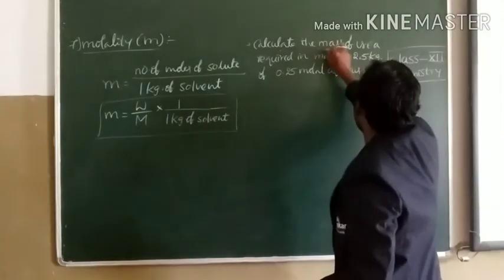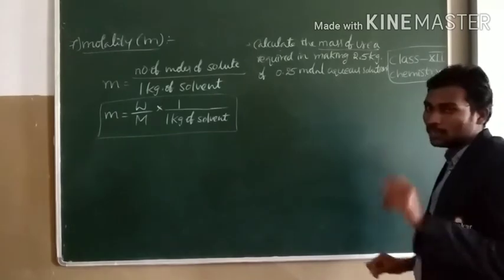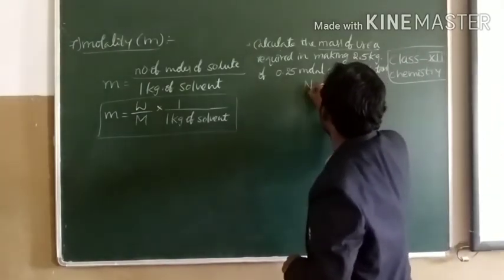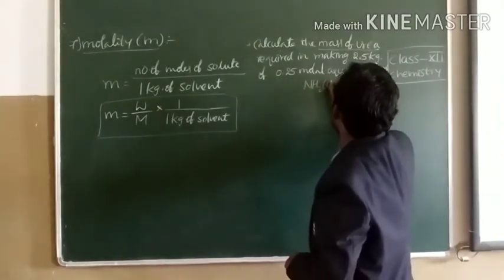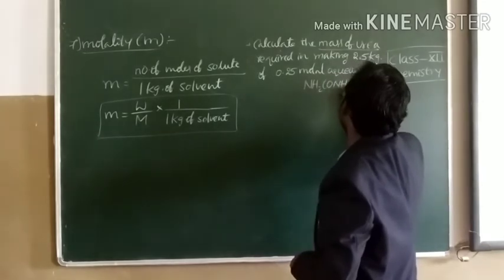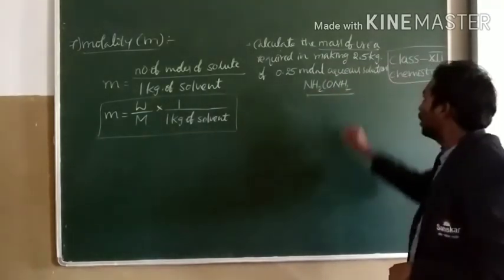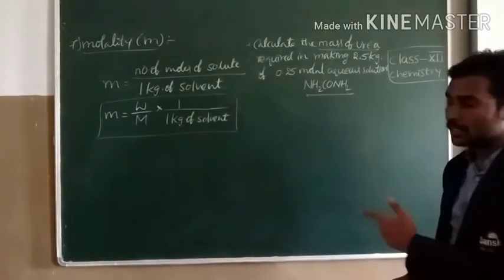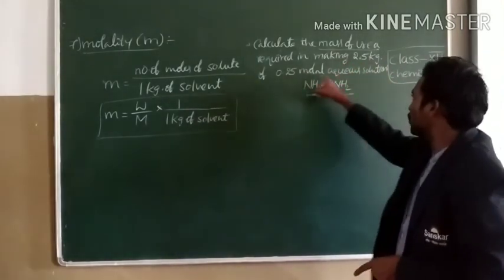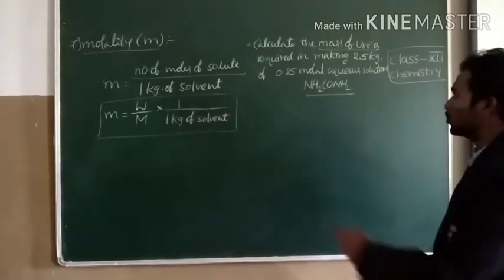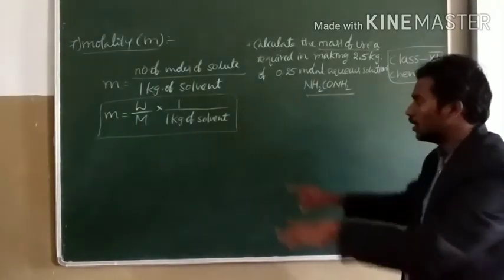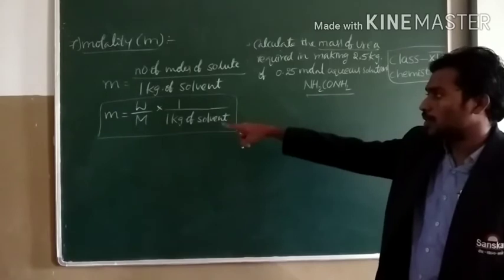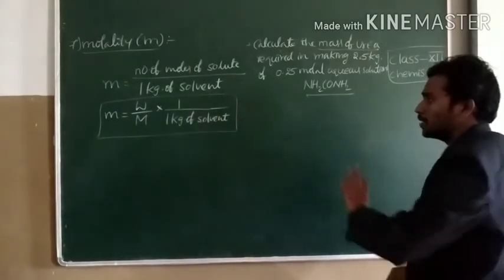Calculate the mass of urea. The urea formula is NH2CONH2, children. NH2CONH2 is the molecular formula of urea. Mass of urea required in making 2.5 kg of 0.25 molal aqueous solution. We know the formula of molality: mass by molar mass into 1 by kg of solvent.